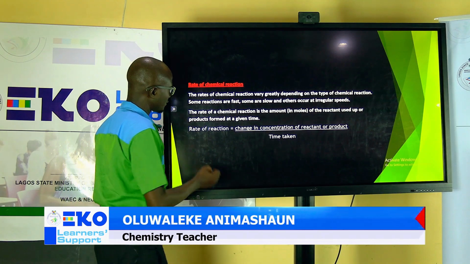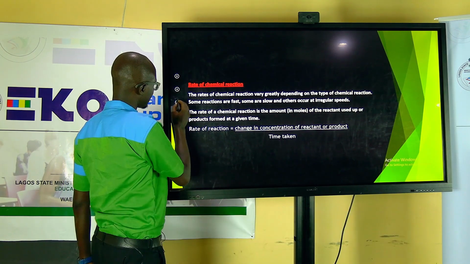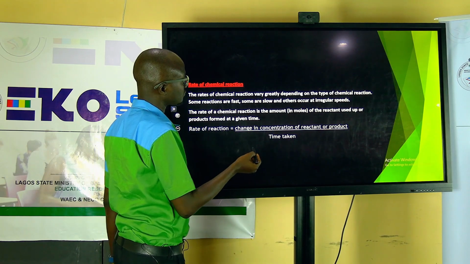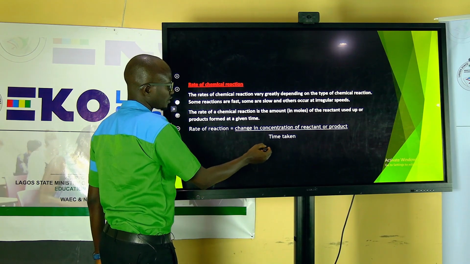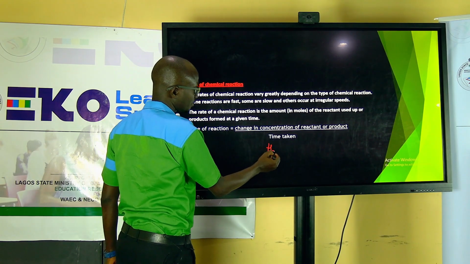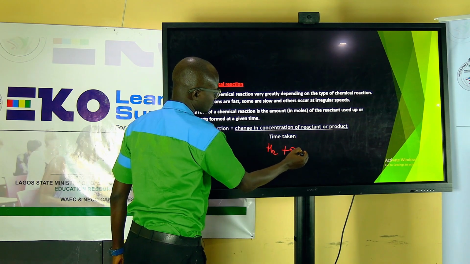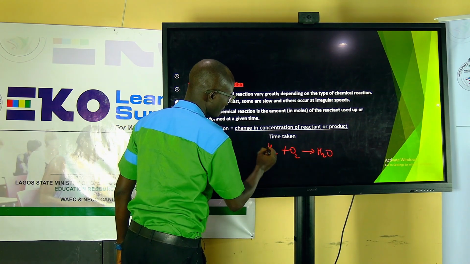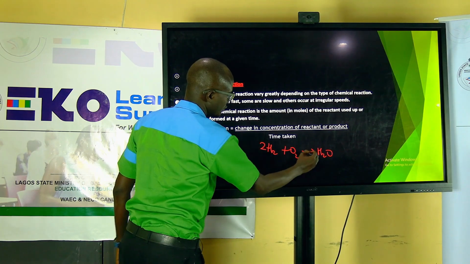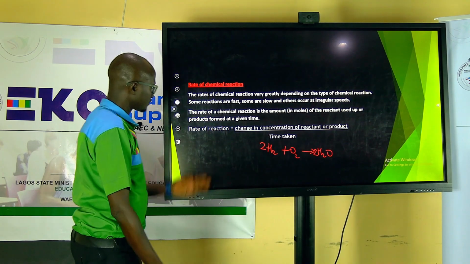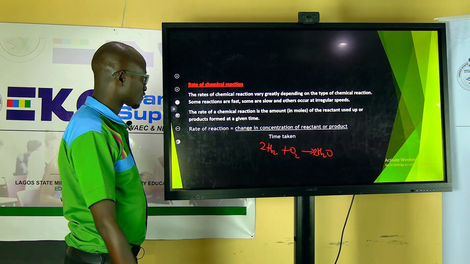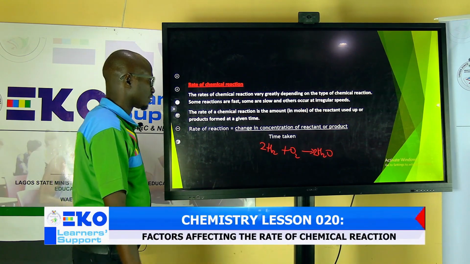What does that mean? You can take a simple equation. Let's say hydrogen plus oxygen to give us water. So the rate of reaction has been defined as the amount in moles of the reactants used up or product formed at a given time.